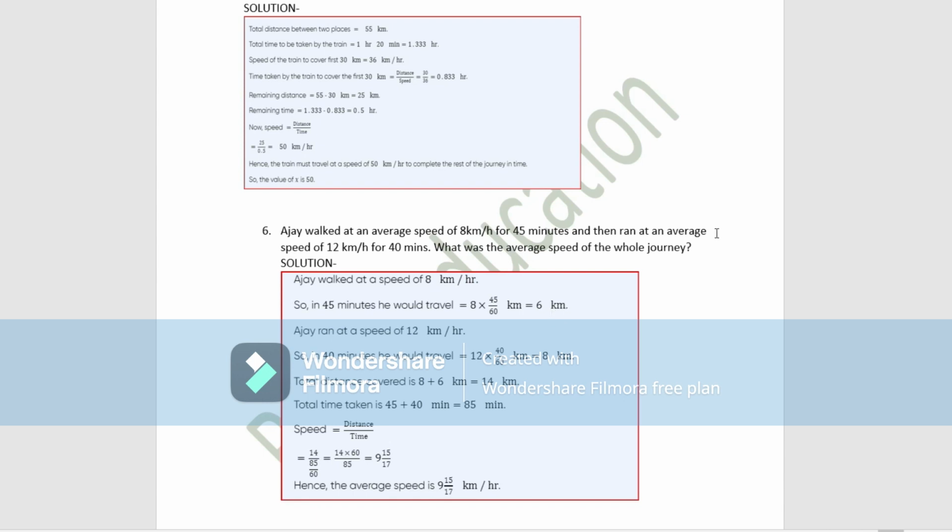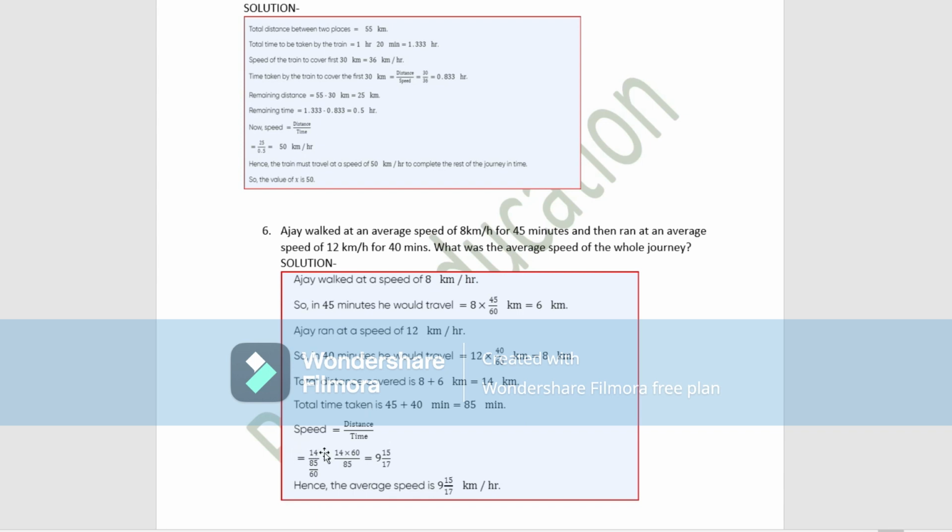Then when he ran, the average speed is 12 km and the time is 40 minutes, so from there we can calculate the distance. We are getting 8. From 8 plus 6 we are getting 14 kilometer, and the time taken is what? 45 plus 40, we are getting 85 minutes.